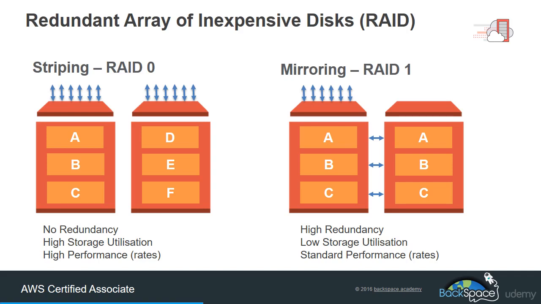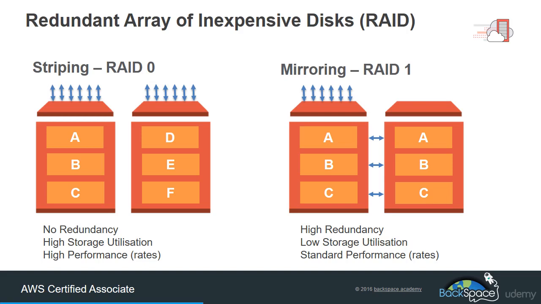So we can see there the data in both those volumes on the left-hand side is different. That enables us to achieve a high storage utilization. It also enables us to achieve high performance rates, because we now have 2 channels of bandwidth to access our data. But of course, we don't have redundancy with striping.